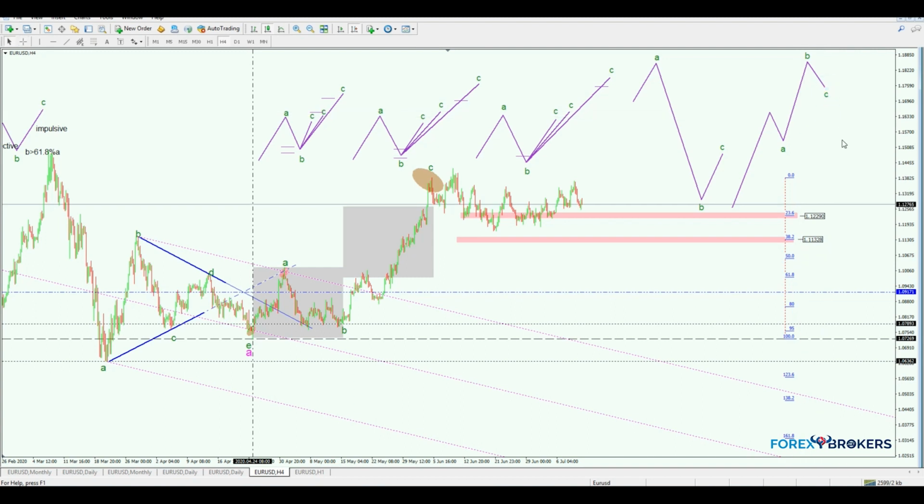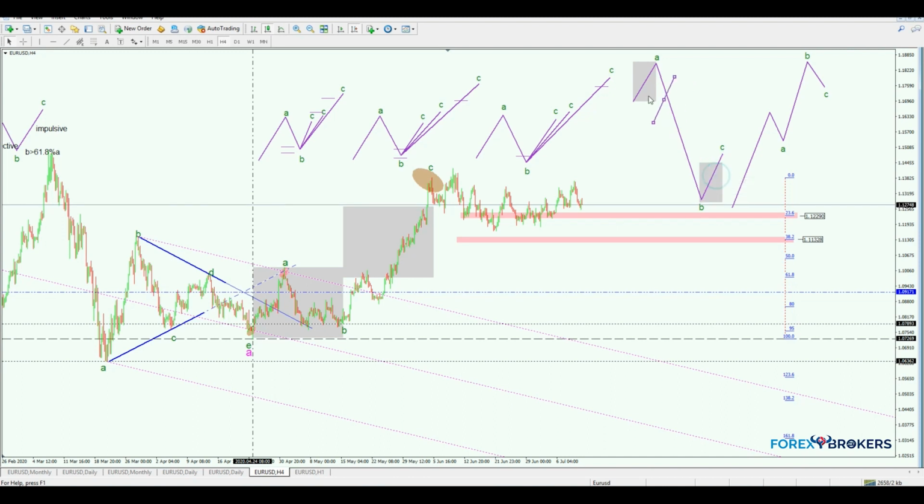One quick trick on flat patterns or running flats. Whenever you see this happening, the C wave usually has the same length both in price and duration as wave A. So the thing to do is to measure the time that it took for wave A, project it on the right side from the end of the B wave, and the C wave should take almost the same time.